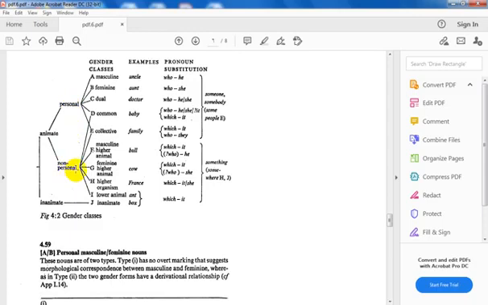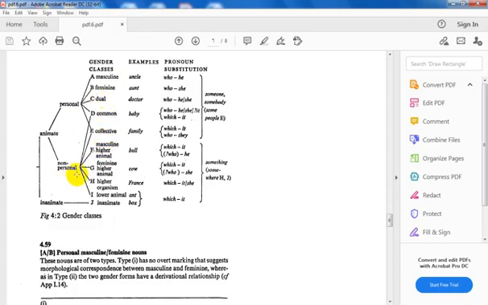Again, generally the gender of nouns is animates or inanimates. Inanimates means non-living things. The animate can be personal and non-personal. The personal are sub-classified into masculine, feminine, dual, common, collective, and they have the non-personal.